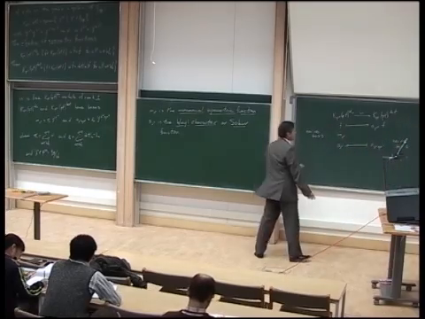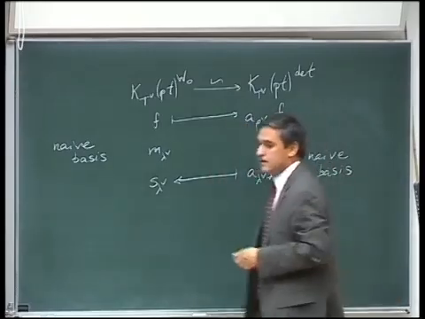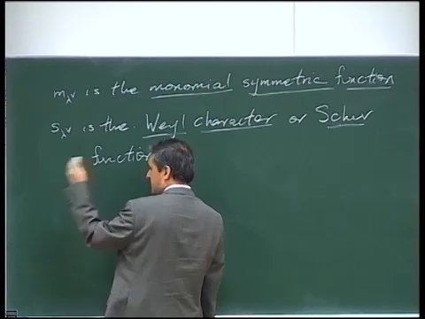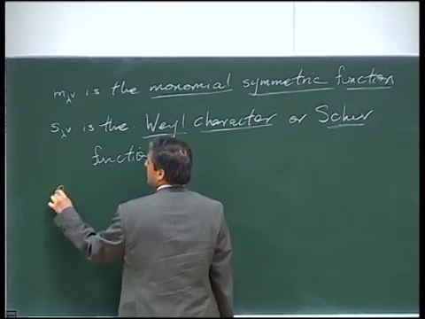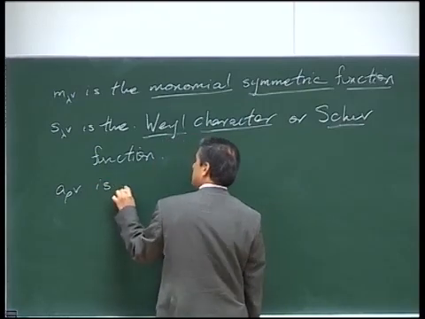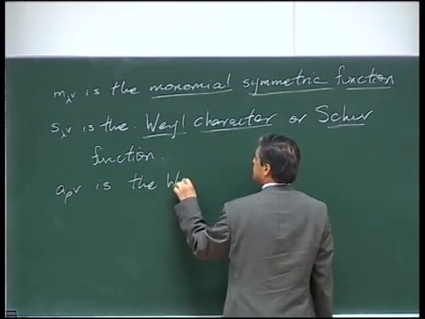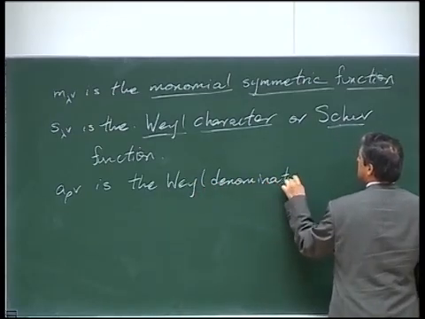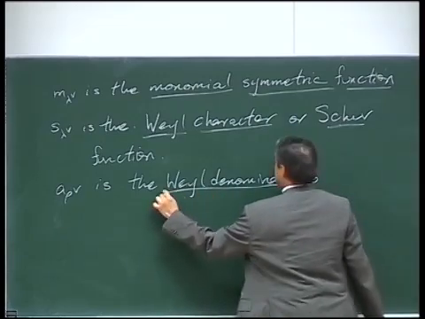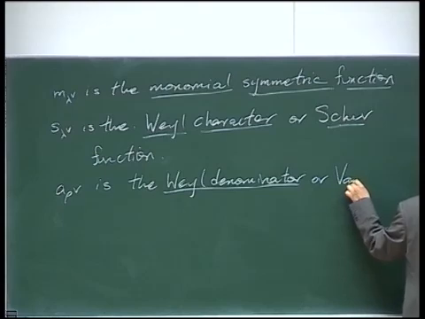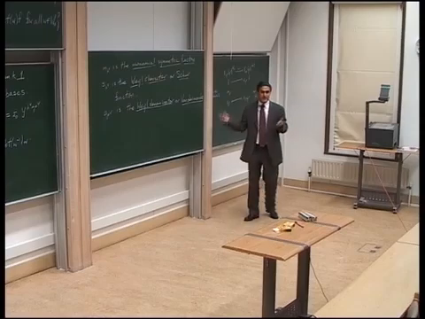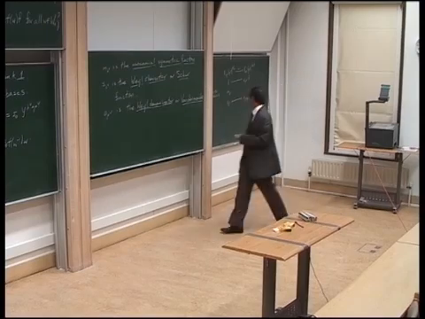Okay, now this A rho check, this generator of skew symmetric functions as a free module of rank 1. So A rho check, this is the Weyl denominator, or it's sometimes called the Vandermonde. All right, so you can write formulas for these things, but I don't need to write formulas. It's just what they are.